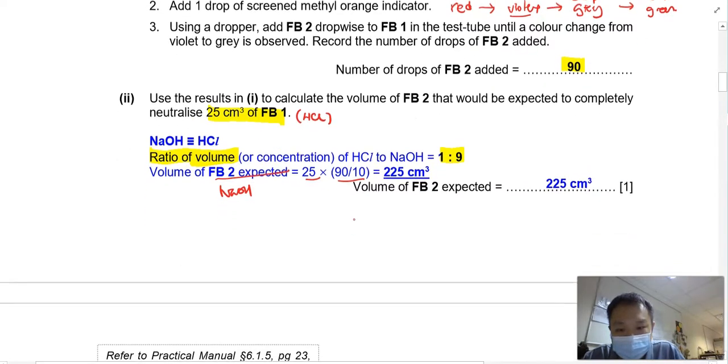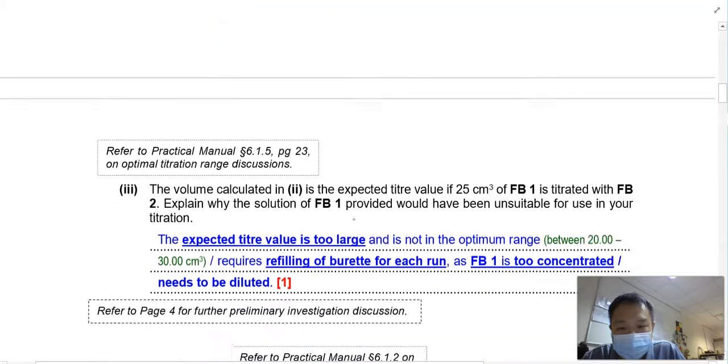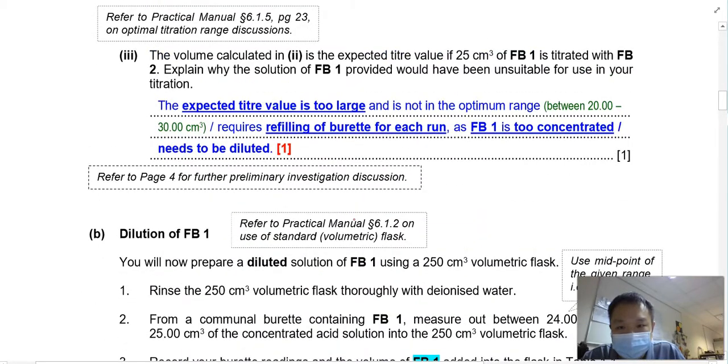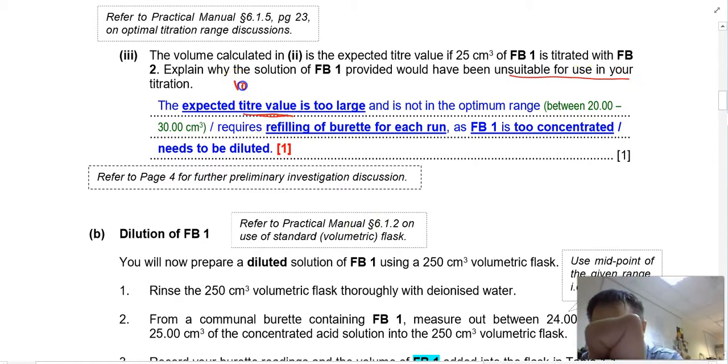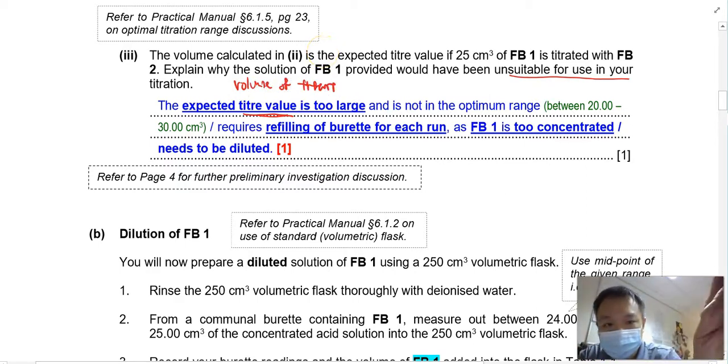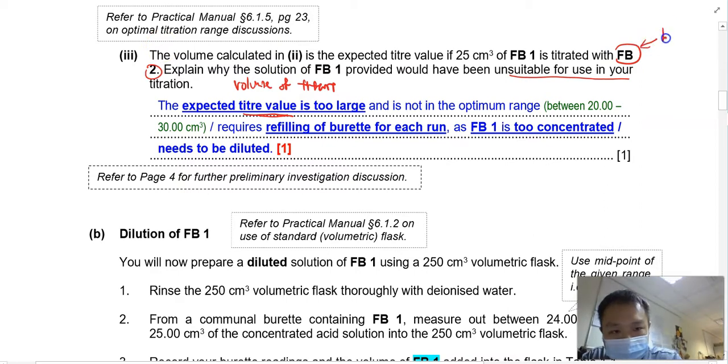Okay, so that's part A, and in this case, I'd like to reiterate part 3 again. Why is FB1 unsuitable for use in titration directly? Because of the titer value. So what's the titer value? The titer value basically refers to the volume of titrant. In this case, the titrant will be FB2, the one in the burette.